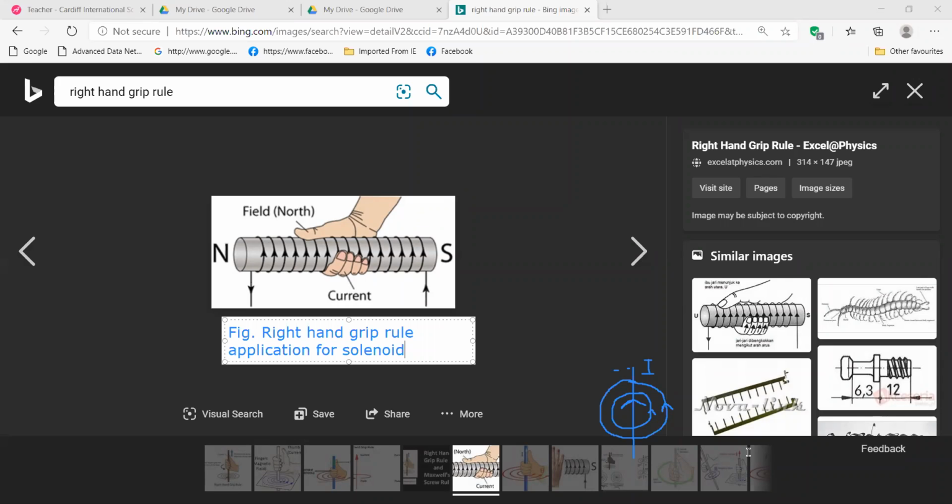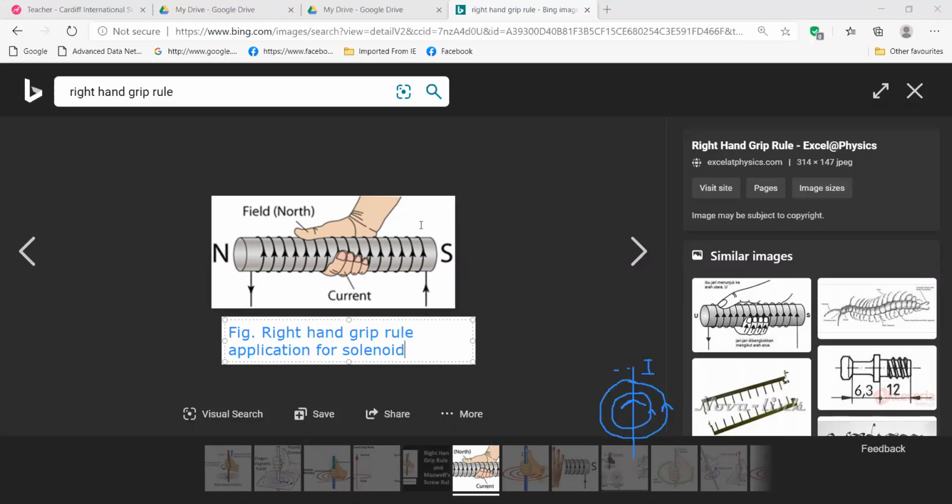Sir, instead of the hand, what do we draw? You just give here or label here thumb. If you can draw, it's nice. I told you not to draw because you will not be able to draw.